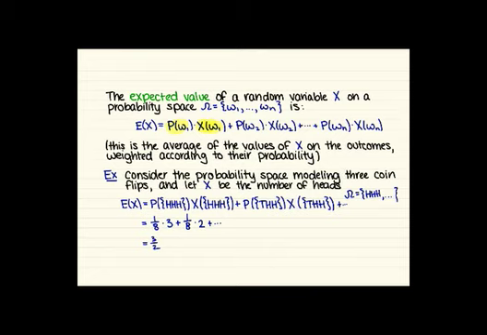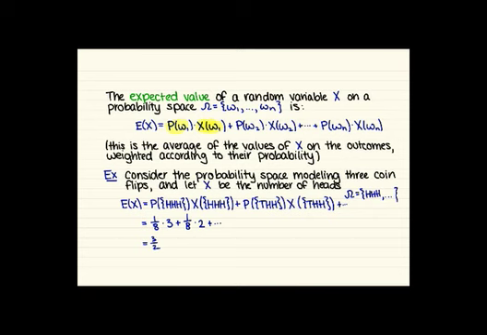So this expected value is giving us, on average or in the long run, what values this random variable will give. So you can also think about this as sort of the balancing point or average for the random variable.